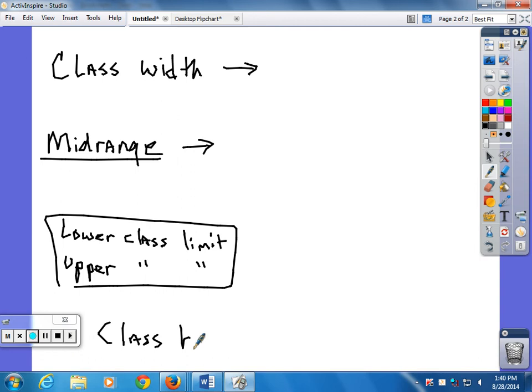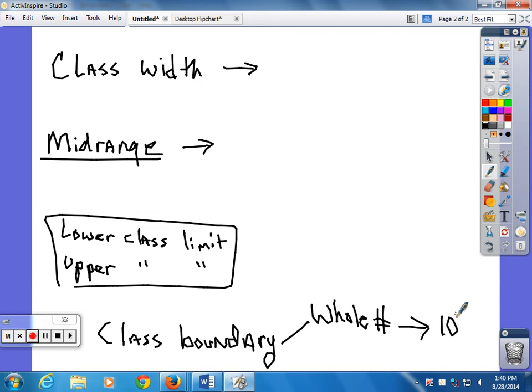When you see it, you're going to know what it is. But the only thing on the class boundary that I would like to tell you: if you start off with whole numbers, you're going to use tenths. And if you start off with tenths, you're going to use hundredths, and so on. I'll explain that in just a minute.